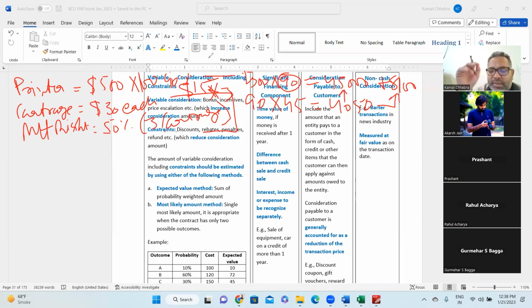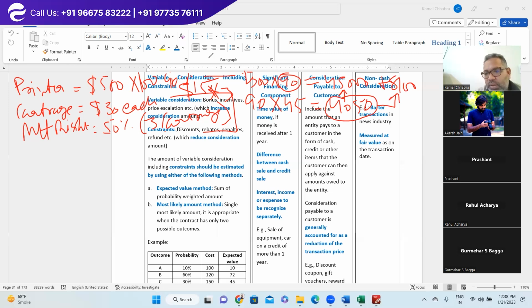We will be discussing allocation of discount in step 4, but here you just need to understand that this is the money, a discount you are giving to the customer, which needs to be adjusted against the transaction price. How we need to adjust we'll discuss in step 4, but here you only need to identify this amount.